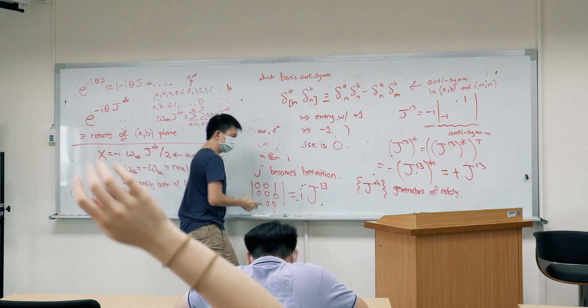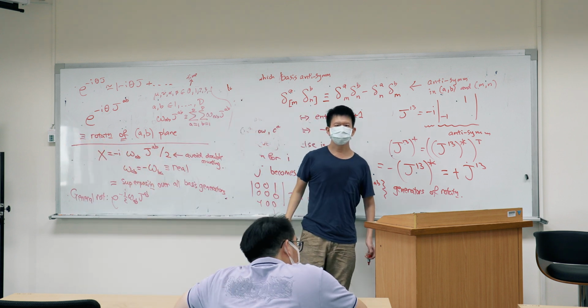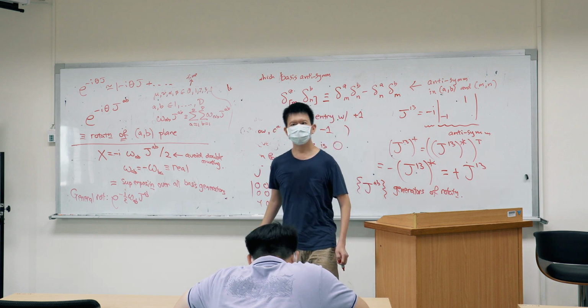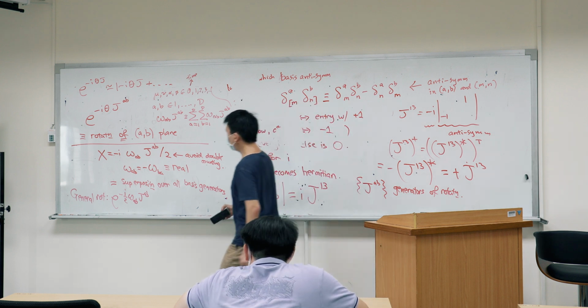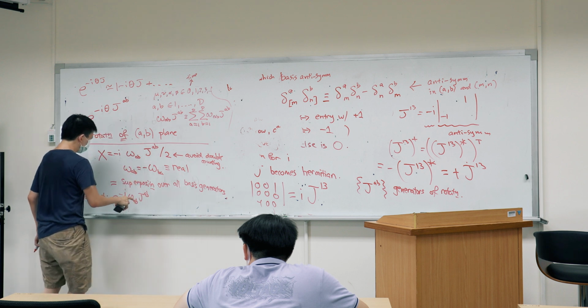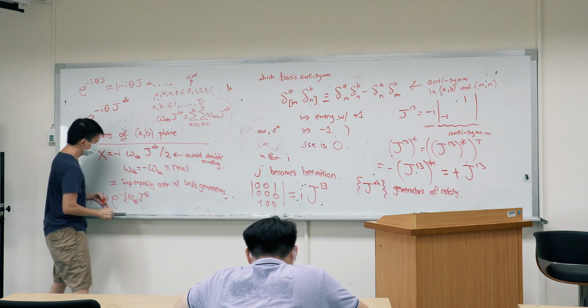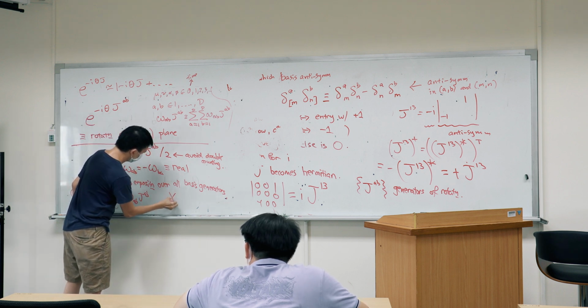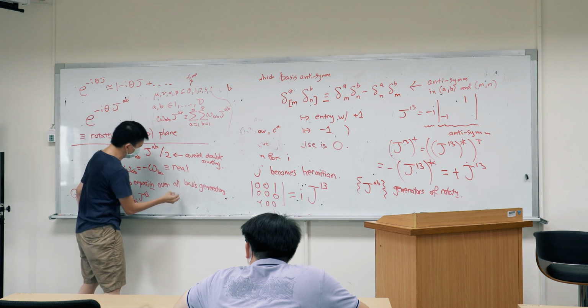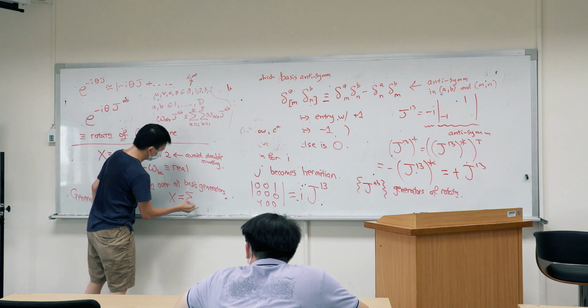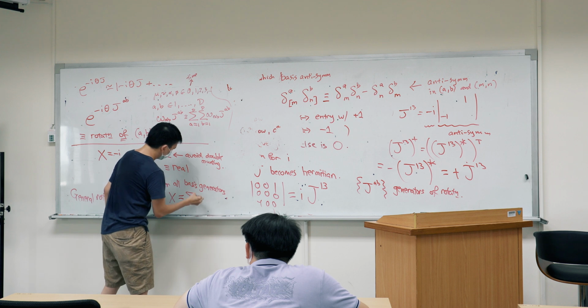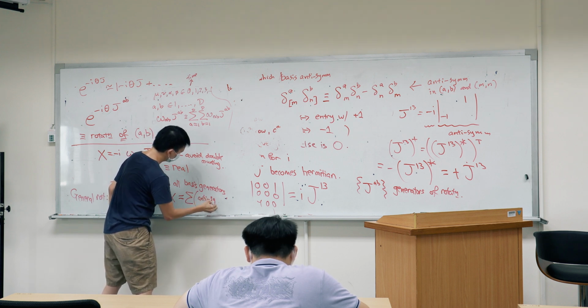I have one. Can you explain again why the superposition is negative? Remember what I did was the following. X originally was a sum over antisymmetric guys. So let me just write it down: a sum over antisymmetric guys.